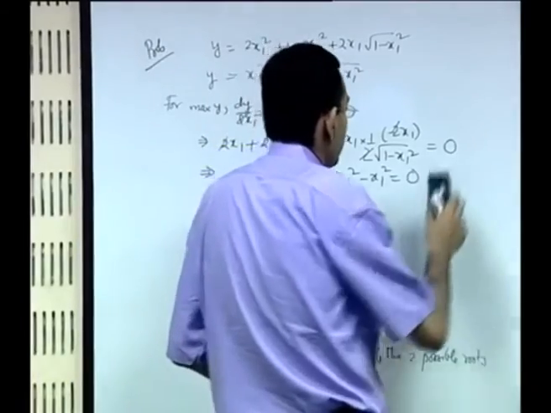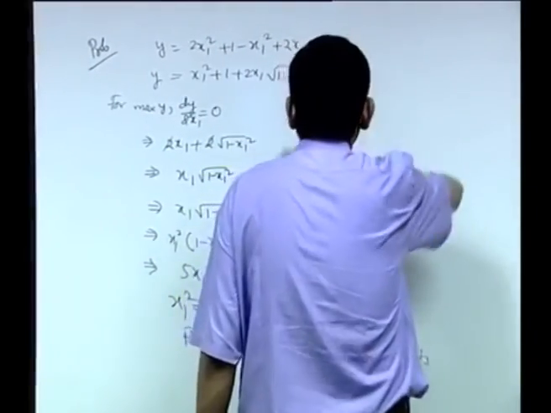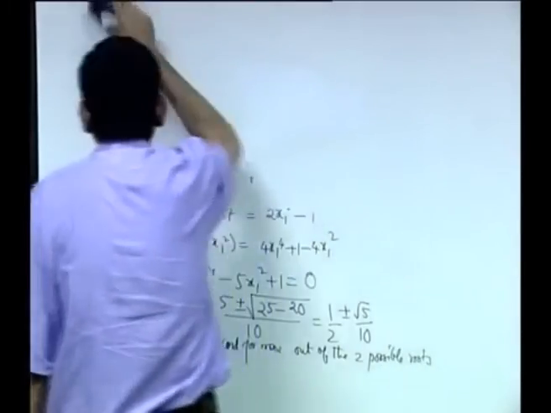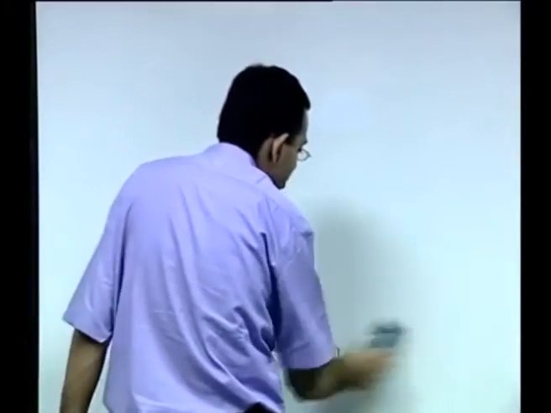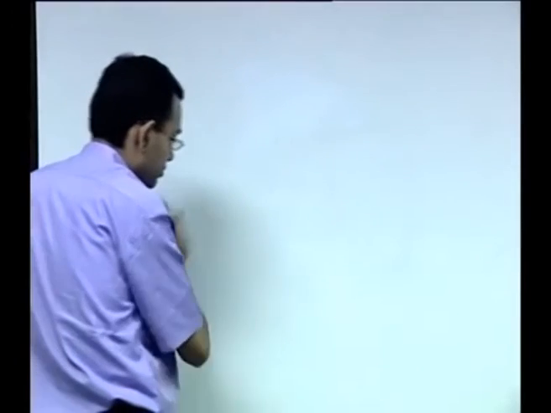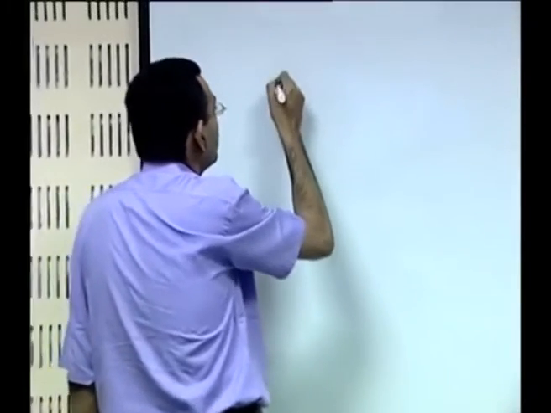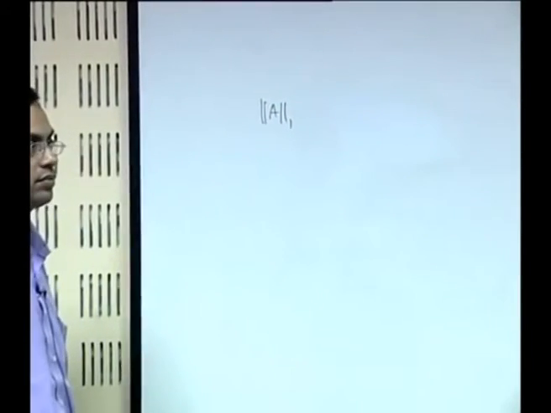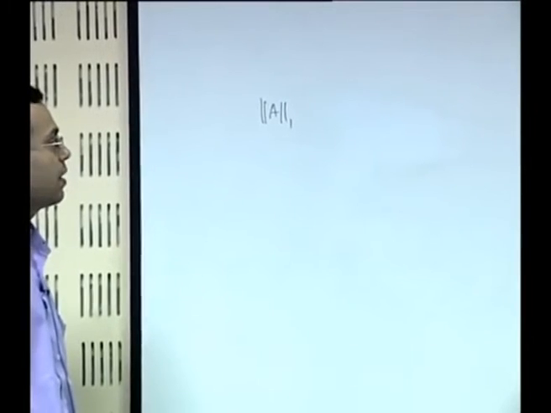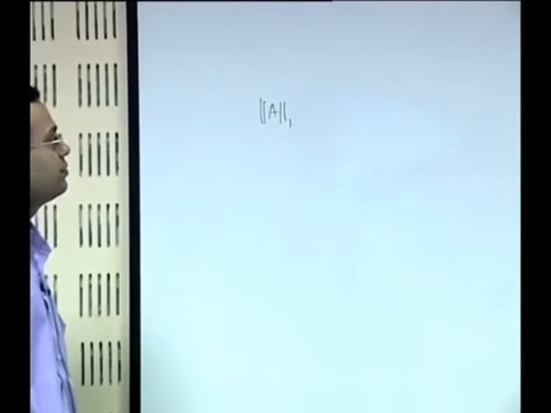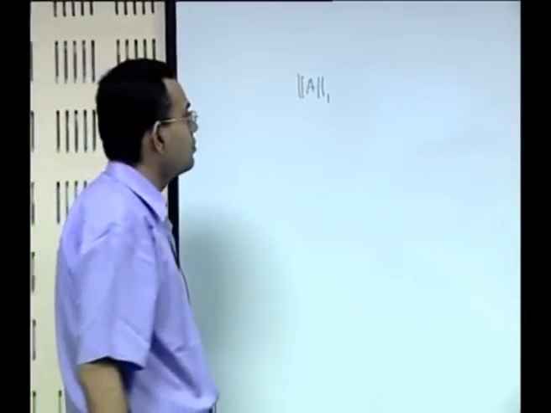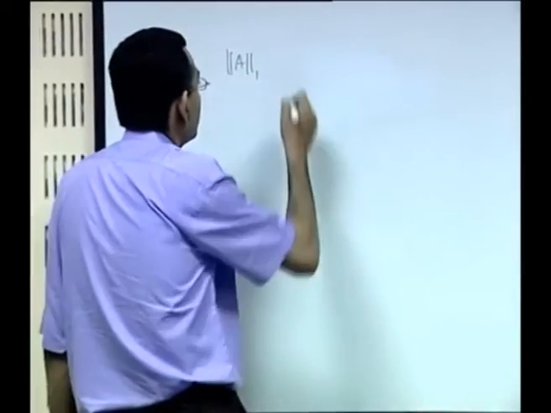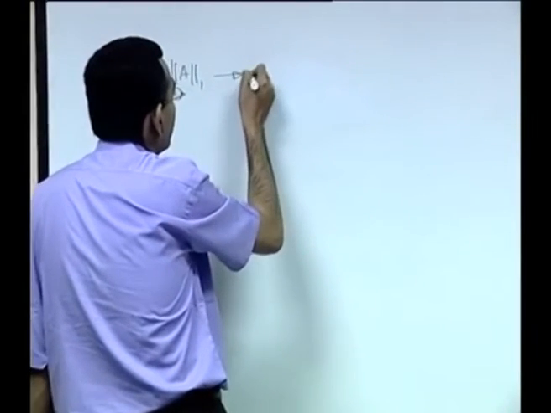Now, as I mentioned, there are certain norms which are reserved for special meaning for matrices. Those are the first norm and the infinity norm. So, the first norm of A is called the column sum norm.